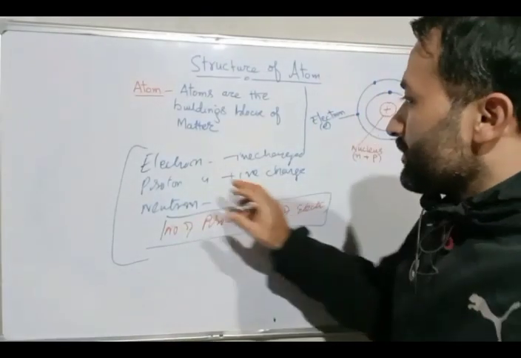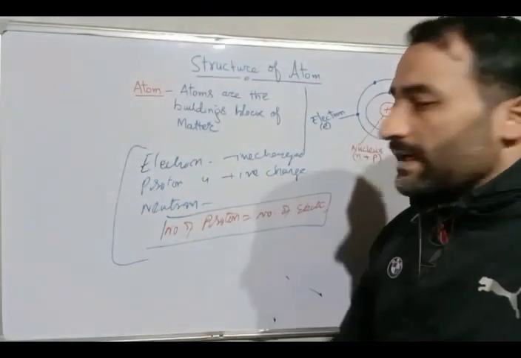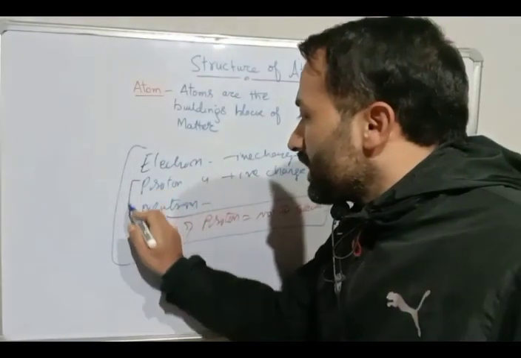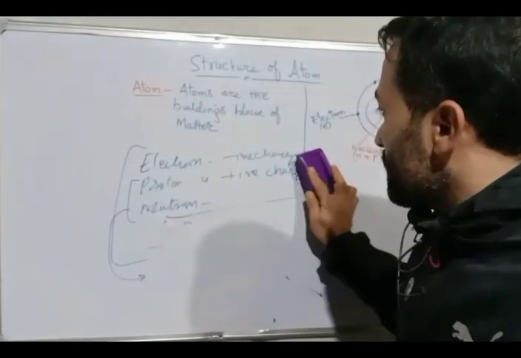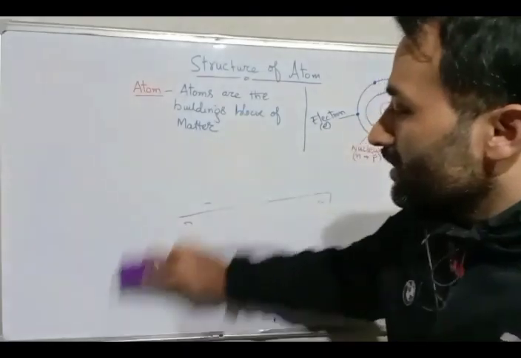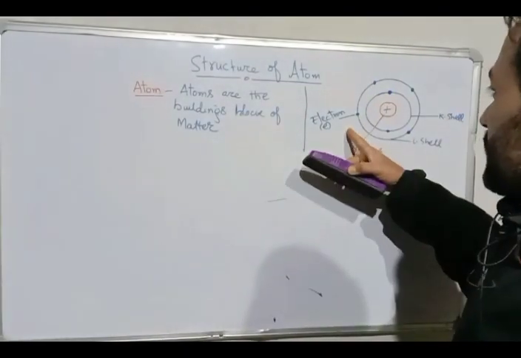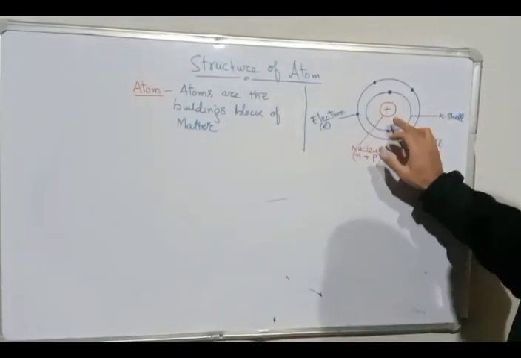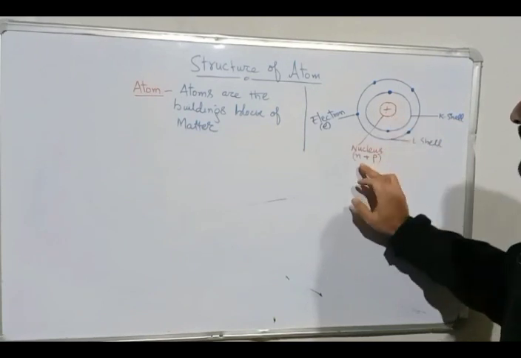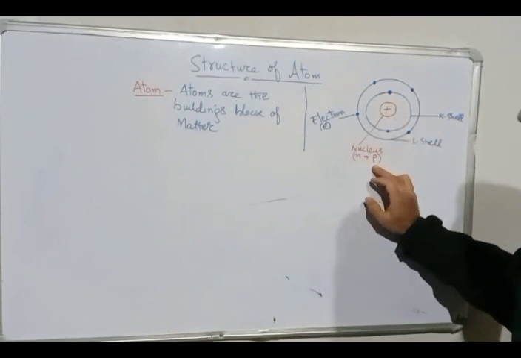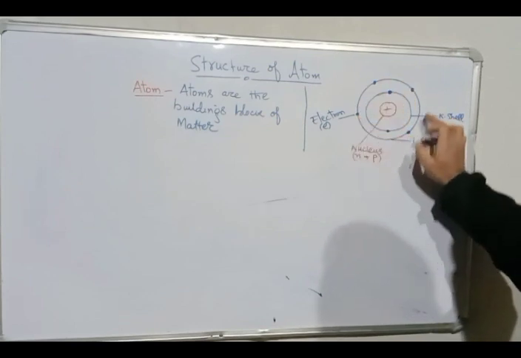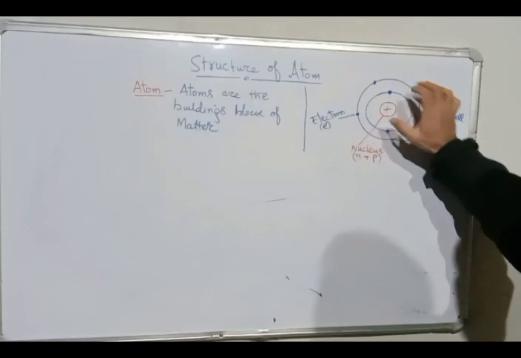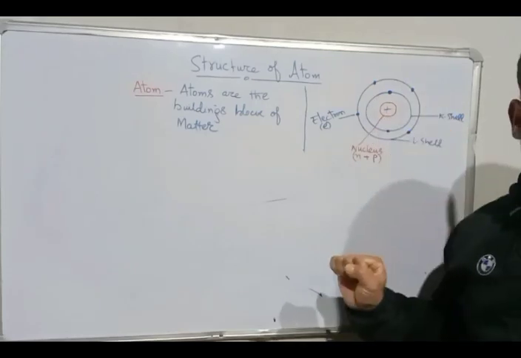Proton and neutron collectively make the central part of an atom, which is called the nucleus. A nucleus is the central part which is made up of protons and neutrons. Just like here in this diagram, the central part is the nucleus, while the electrons are revolving around the nucleus in fixed orbits, which are called energy shells.